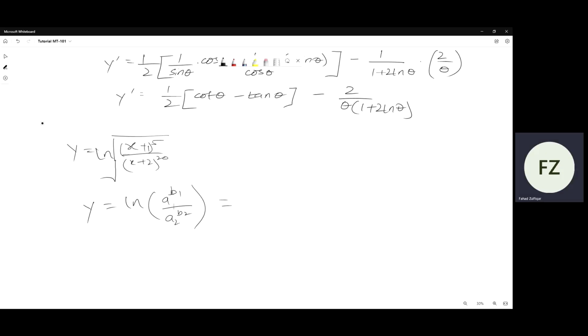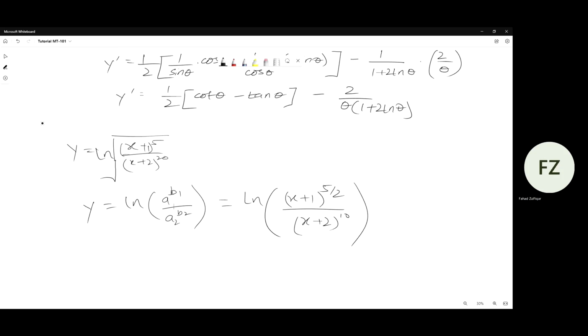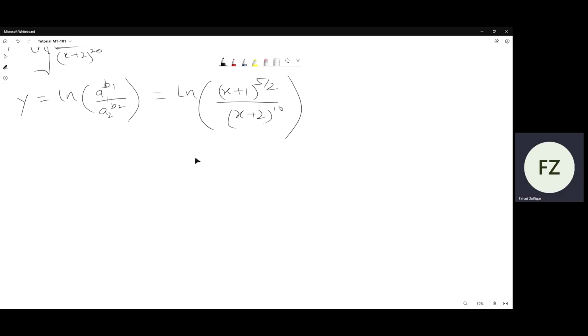So a1 power b1 is ln of x plus 1 raised to power 5 by 2, and a2 power b2 is x plus 2 power 20 by 2, which is 10. If we simplify this function, it comes out to be 5 by 2 ln of x plus 1 minus 10 ln x plus 2.